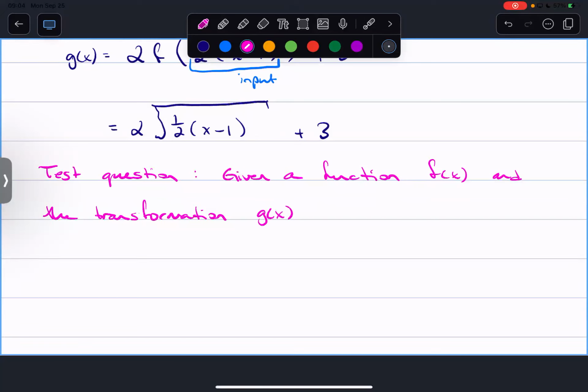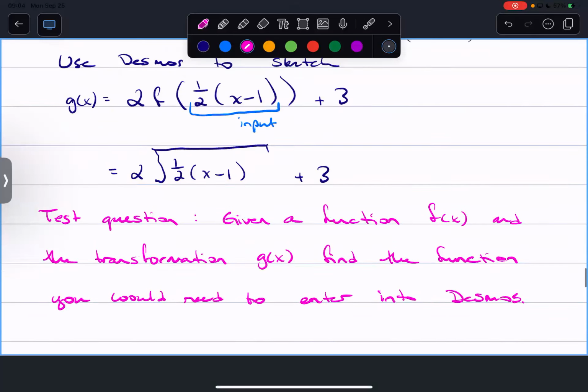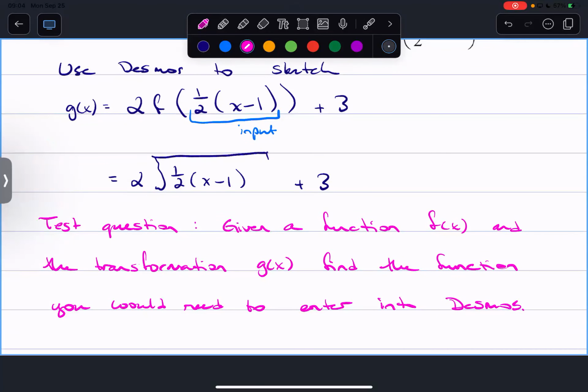G of x. Find the function you would need to enter into Desmos. If you can do that, you've done the transformation. I think that's pretty reasonable, right?